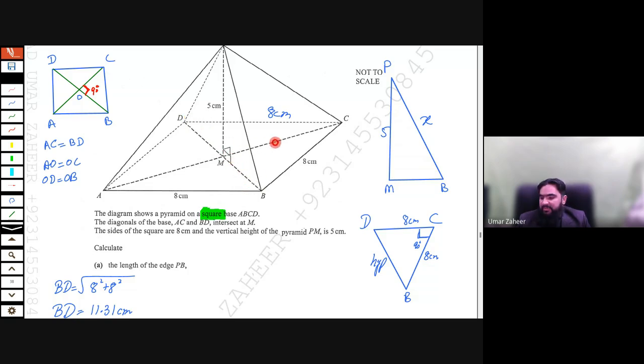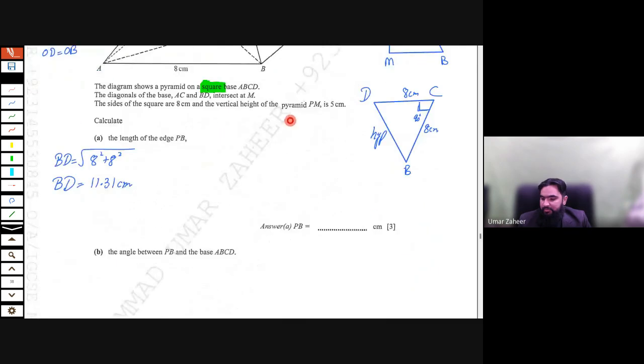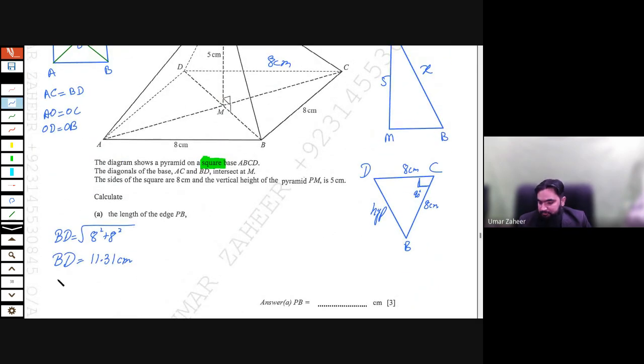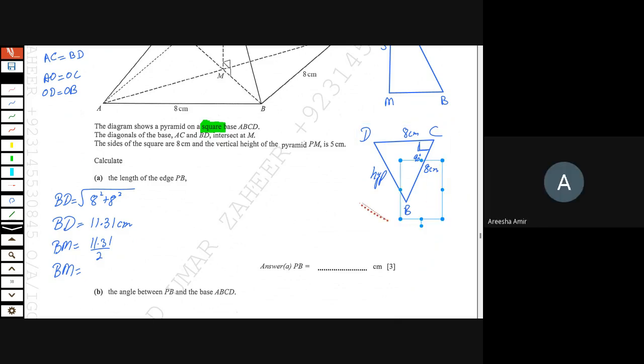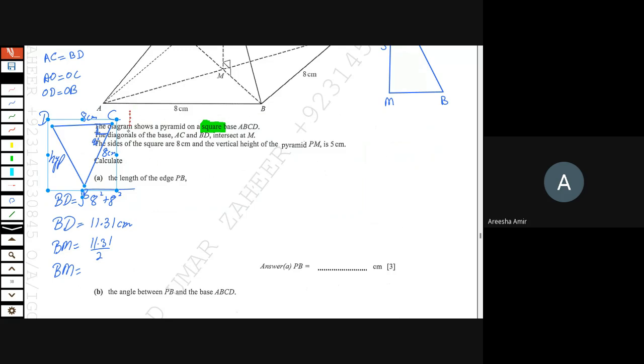The diagonals always bisect each other. Bisect means they divide a length into two equal parts. So DM will be equal to 11.31 divided by 2, which is 5.65.